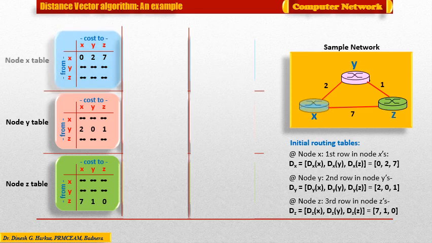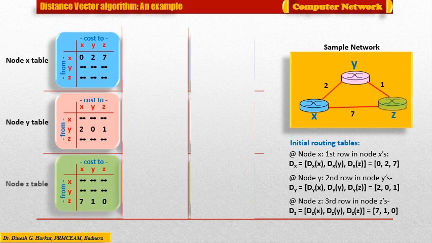This blue color is used to indicate node X. This is the initial routing table for node X. This is the initial routing table for node Y. And this is the initial routing table for node Z. Within a specific routing table, each row is a distance vector.